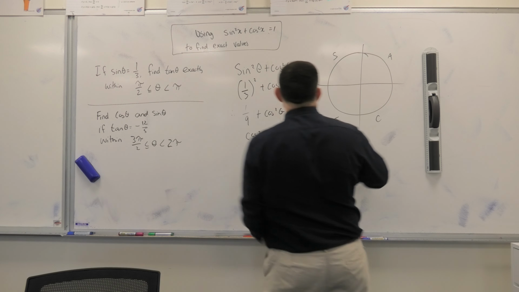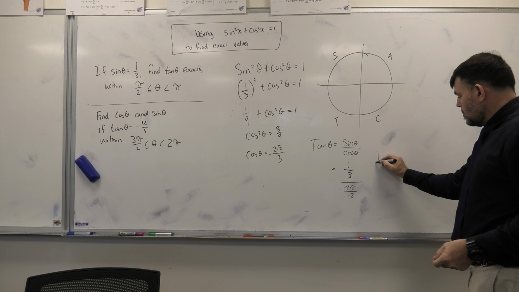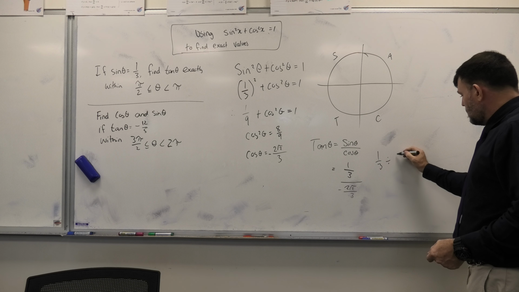So if I write this out, this is going to be equal to 1/3 divided by the negative 2 root 2 on 3. Looks a little bit confusing here. Let's write this out another way that will make a little more sense.